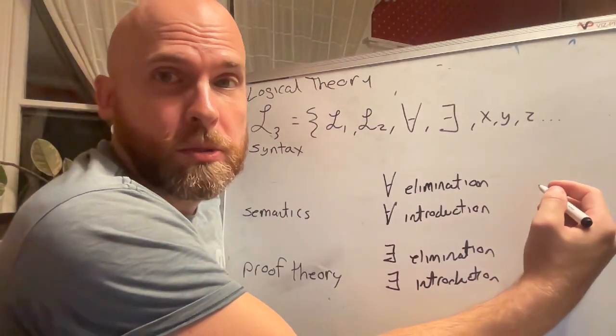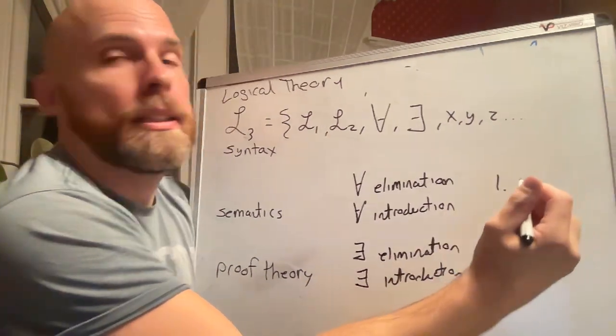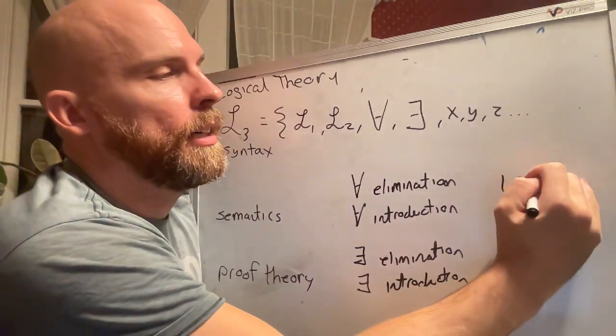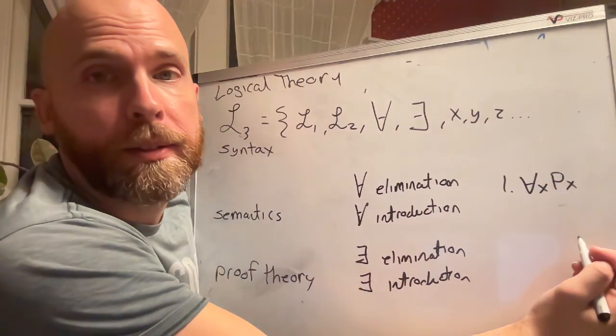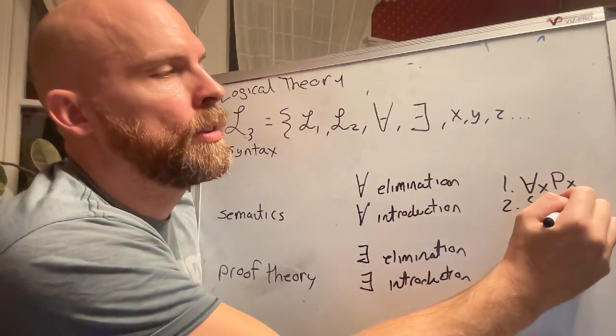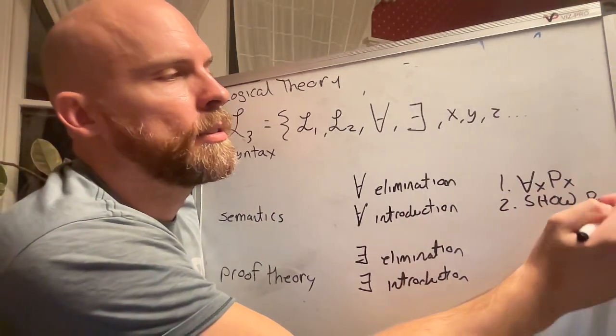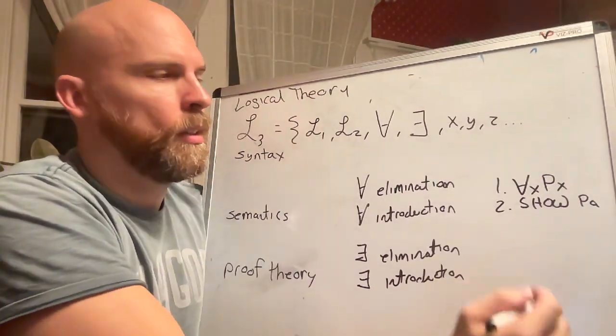Universal elimination, pretty easy. Here, let me give you a simple example. I have as an assumption, everything is a parrot in my domain, and I want to show that Alex is a parrot. Well, how do I do that? What follows?